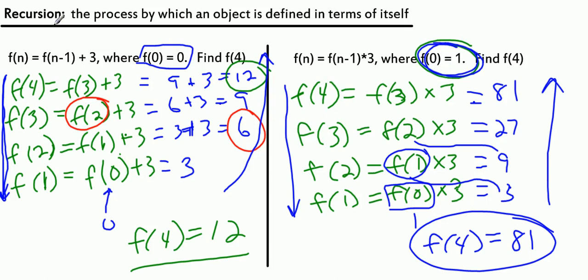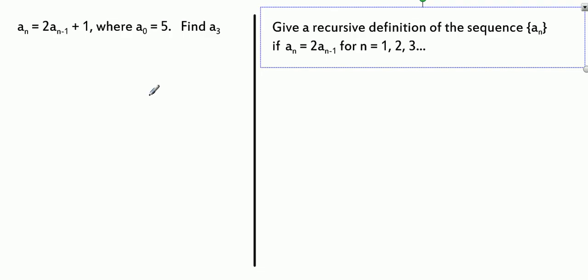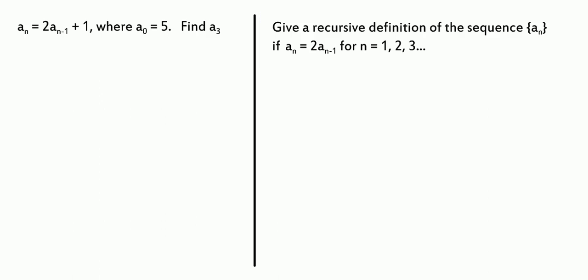We can also do recursive sequences. I mentioned this at the beginning, that we had some experience with this before. It works basically the same way, just instead of using function notation, we're using sequence notation with subscripts. In this very first problem, I want to find a sub 3, so I'm basically telling you that n equals 3.